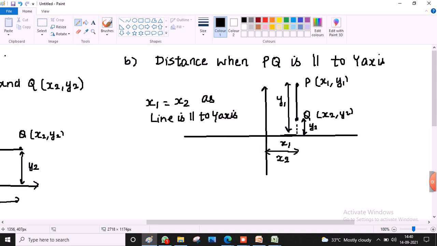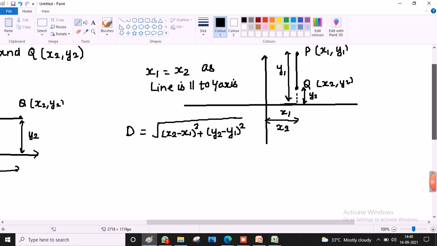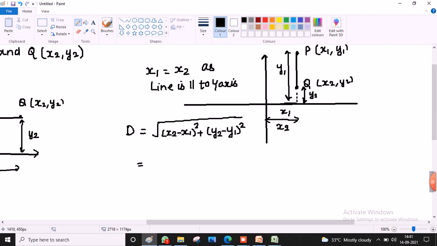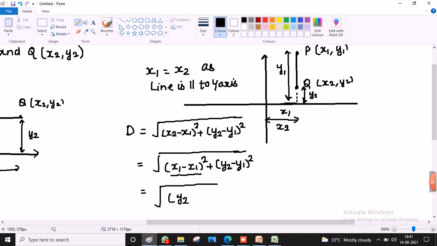Now if I apply the distance formula, x2 minus x1 whole square plus y2 minus y1 whole square, here I can put x1 equal to x2. So this becomes x1 minus x1 whole square plus y2 minus y1 whole square, which becomes 0. So we have square root of y2 minus y1 whole square.